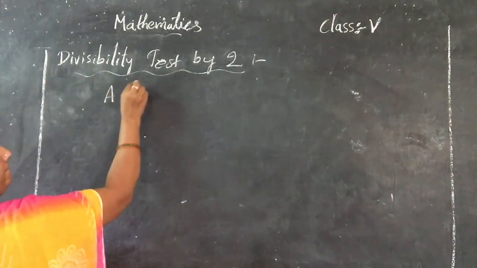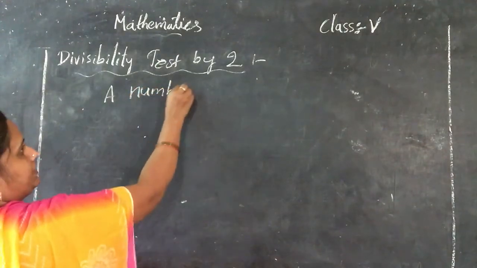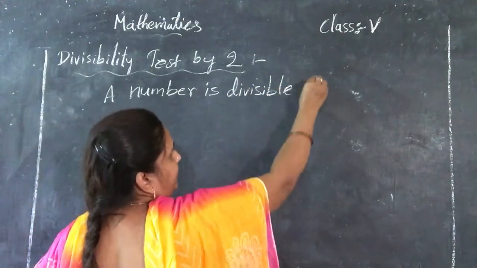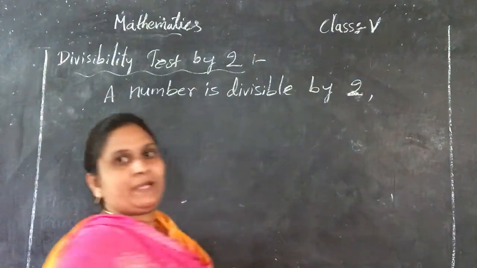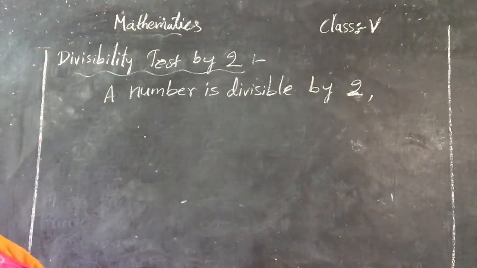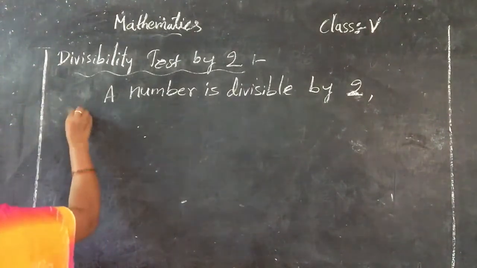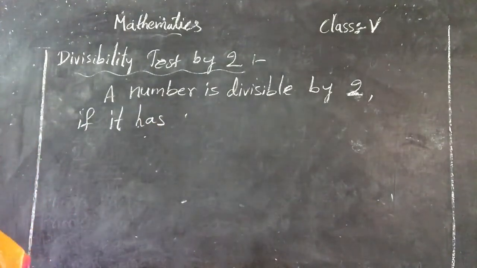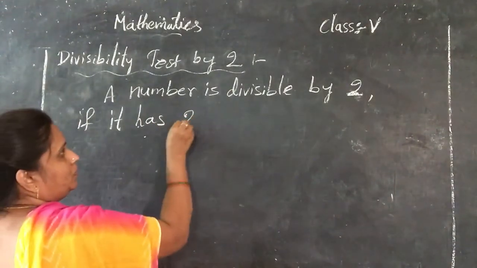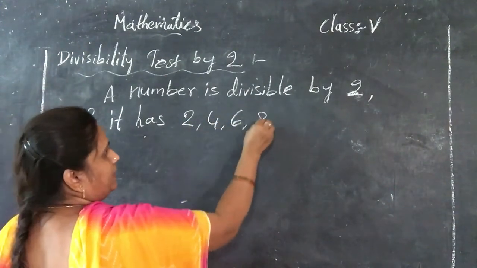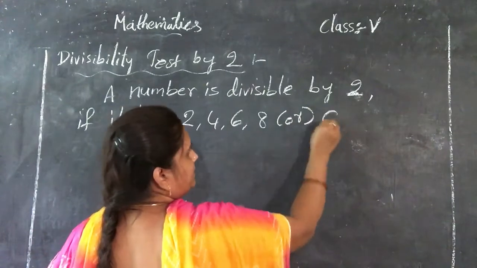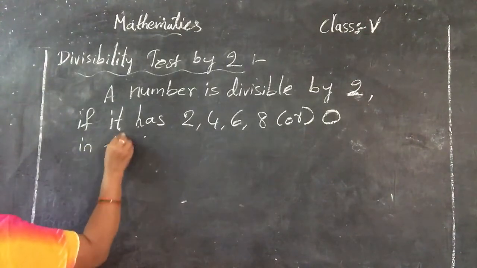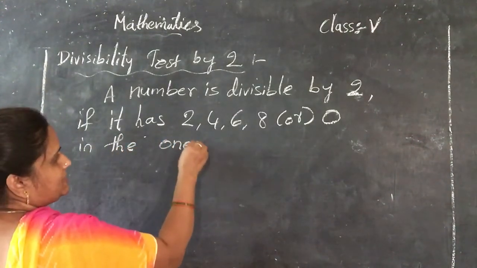A number is divisible by 2, if it has 2, 4, 6, 8 or 0 in the ones place.